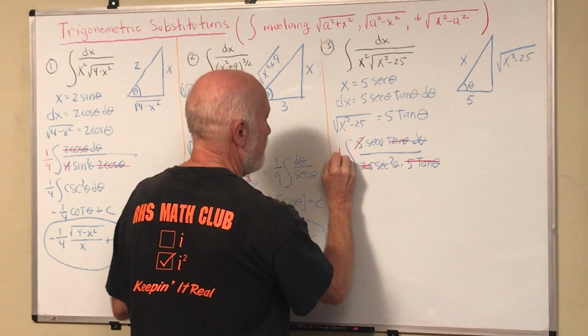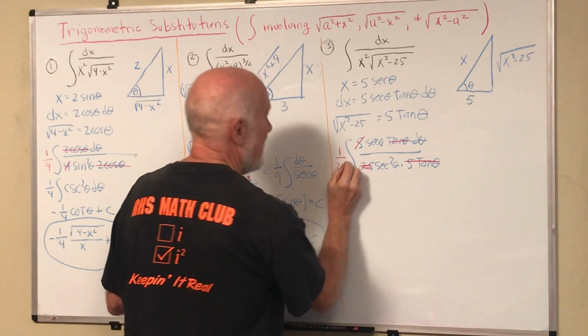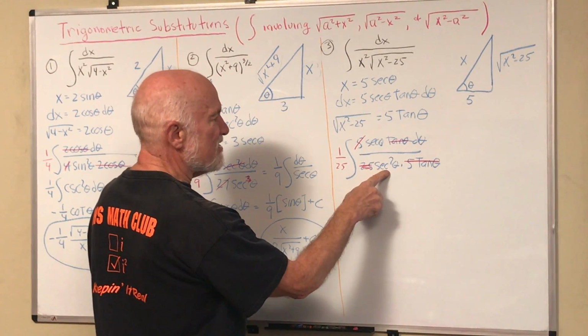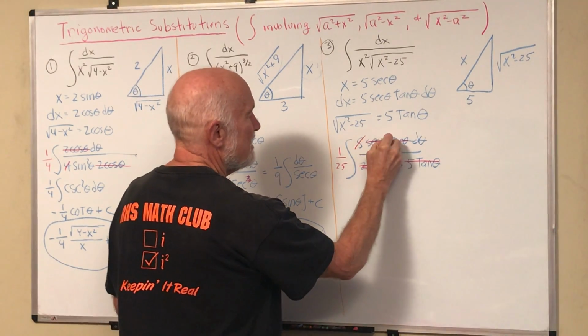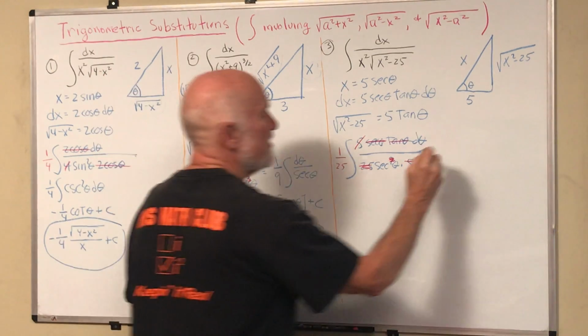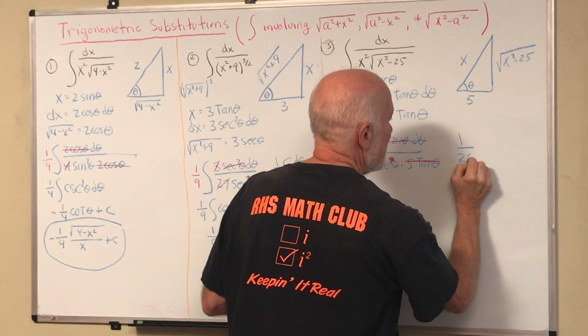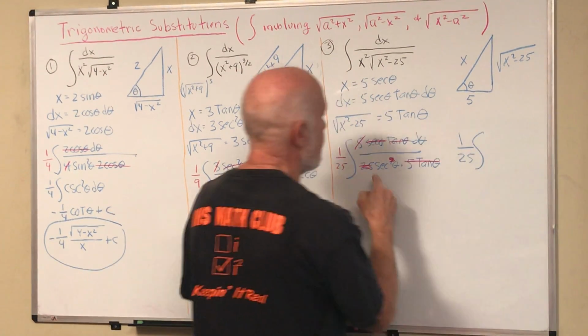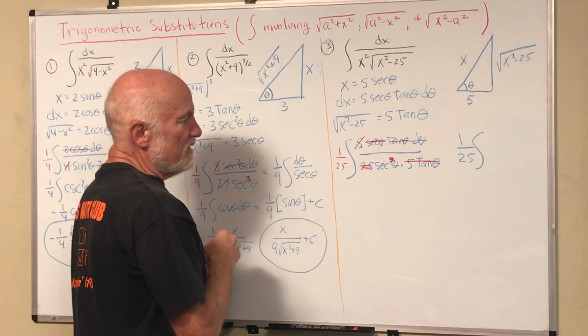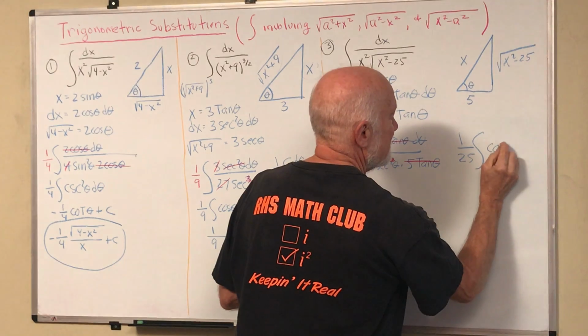Bring the 1/25th out front, and we've got secant divided by secant squared. And we're left with 1/25th the integral of 1 over the secant of theta, which is the cosine of theta again.